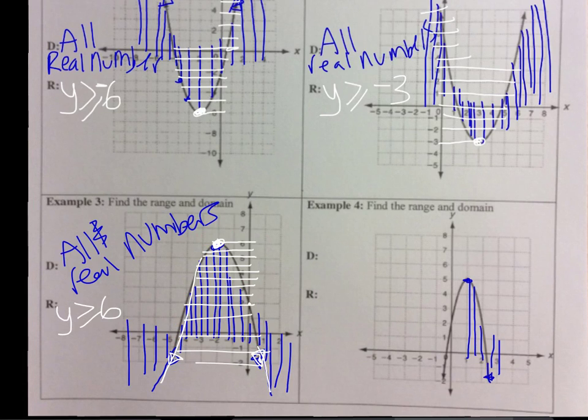This arrow signifies that we're going to continue going down. And if we look at the left side, we're going to include all of the negative values as well. So your domain for example 4 will also be all real numbers.